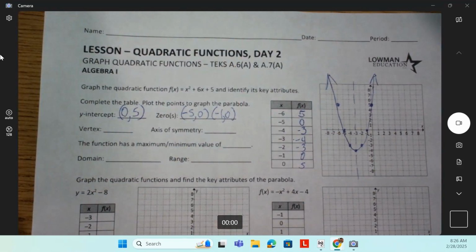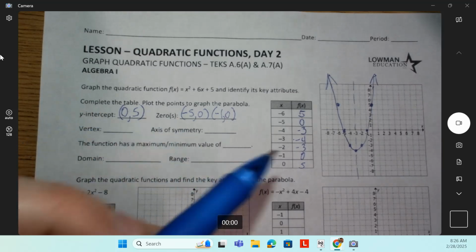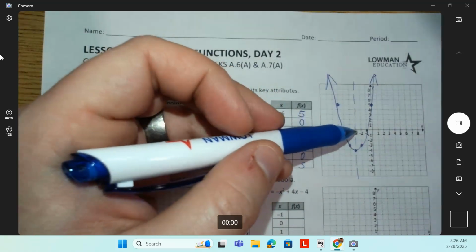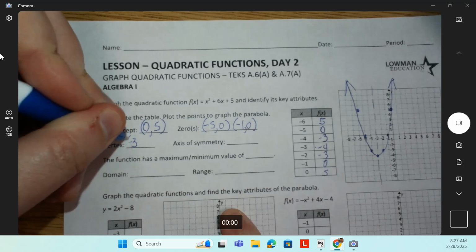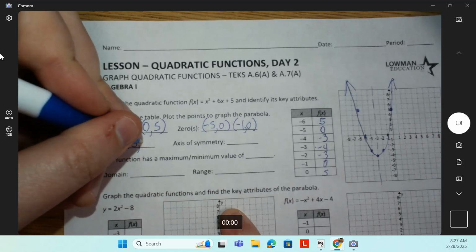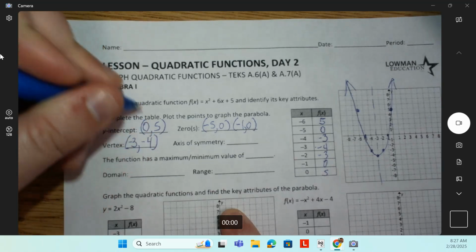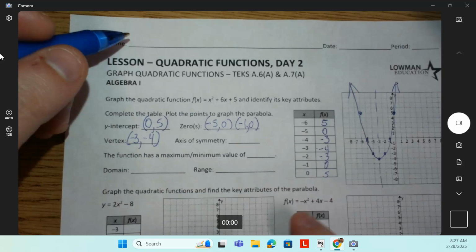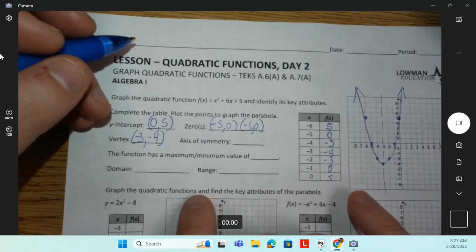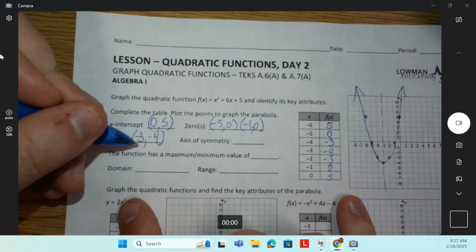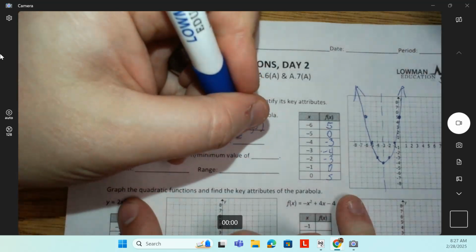Then my vertex that reveals the rest of the information for me is over here at -3, -4. Remember, x value -3, y value -4. My axis of symmetry was at x equals -3 because we're using that x value of the vertex.